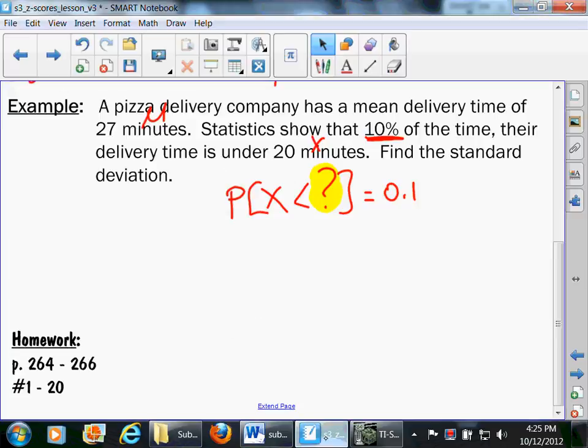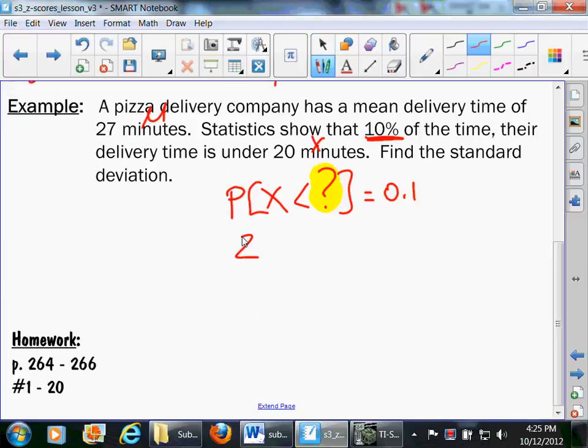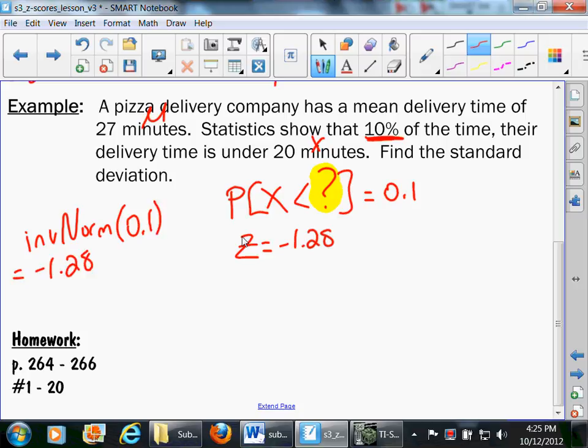So going back here, z is going to be negative 1.28, and we got that from taking the inverse norm of 0.1. Now that we have z equal to negative 1.28, we can plug it into the z-score formula. z is equal to x minus mu over sigma.